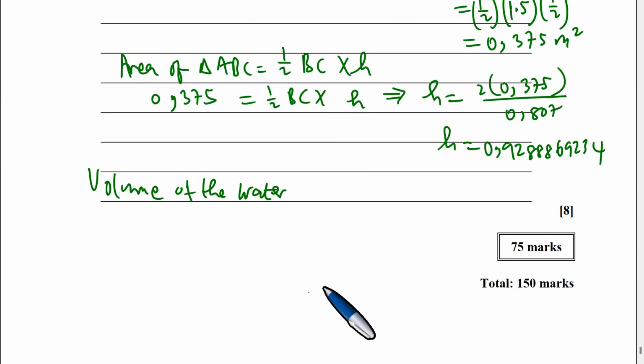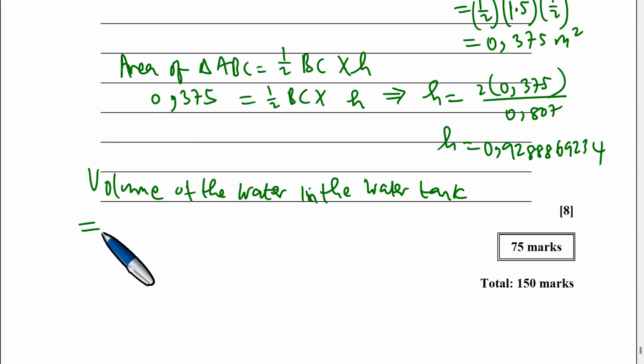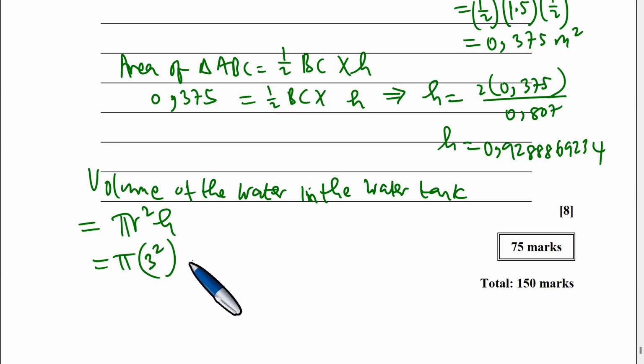So the volume of water in the water tank is pi r squared h, which is 3 squared times the height, which is 0.92888693, then times pi.